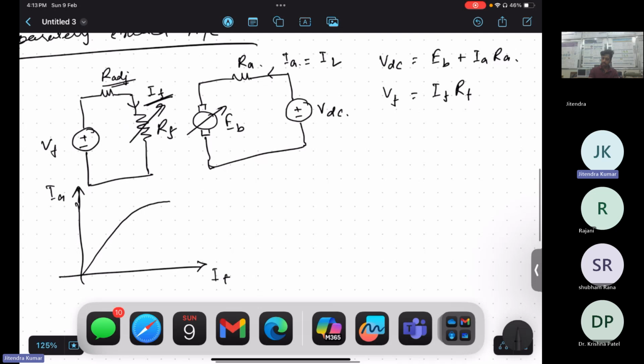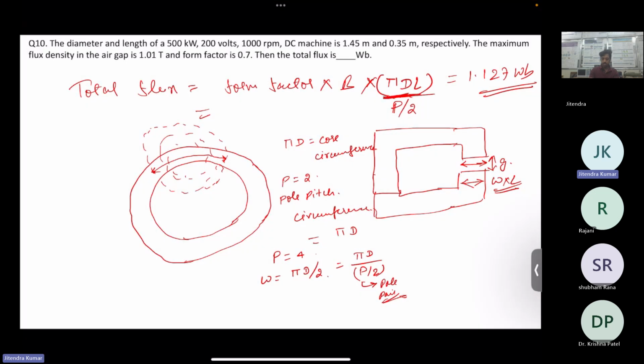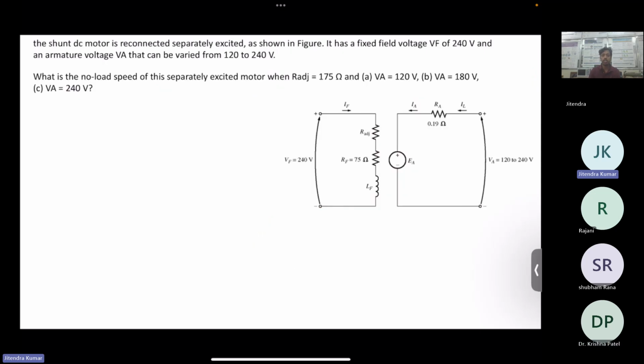So I hope you can see the problem here. The DC shunt motor is reconnected. What can you see from the circuit figure? Which type of connection is it?